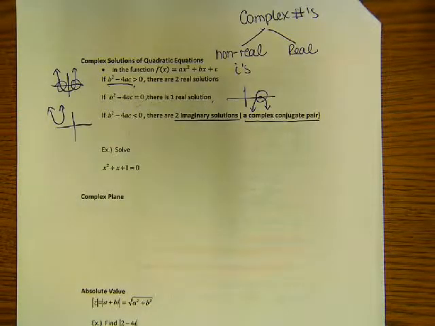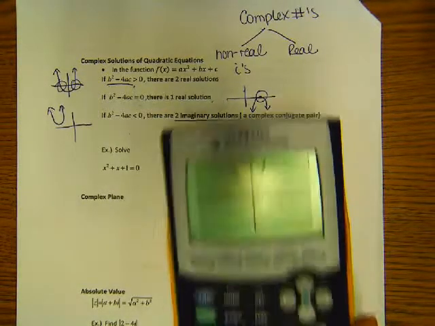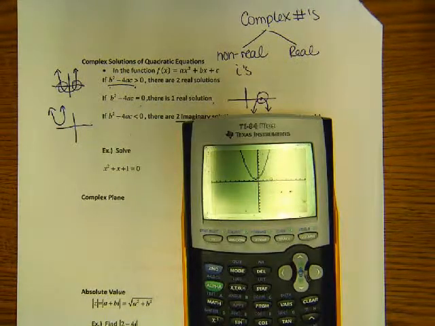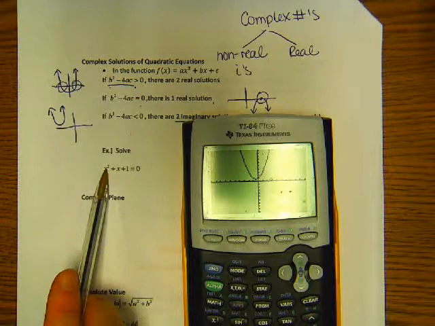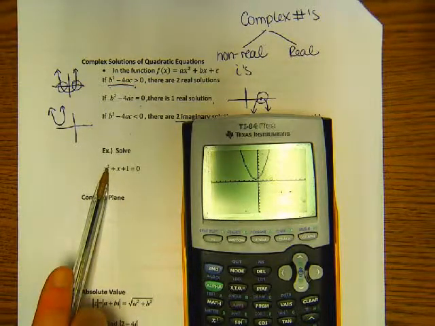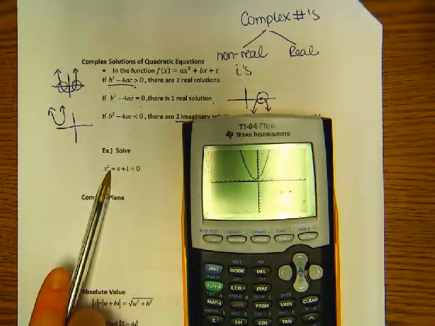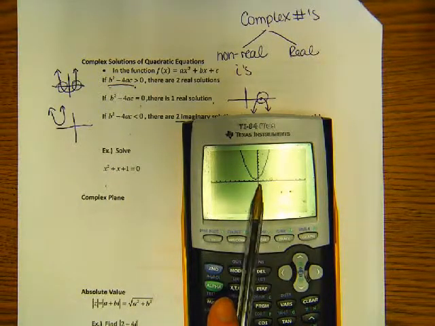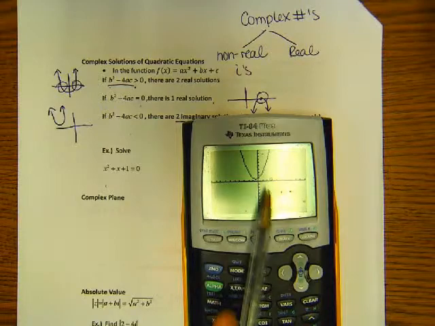I'm hoping you see what I see. Is that what you see? Does it touch the x-axis? No. Okay. Because it's degree 2, it does have two complex solutions. They could be a combination of real and imaginary. What this tells me is they are both imaginary because it doesn't ever touch the x-axis.